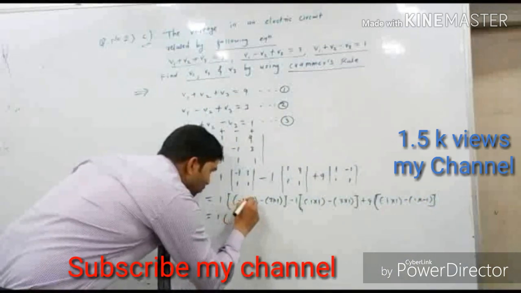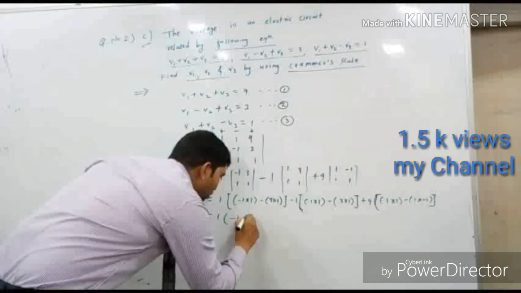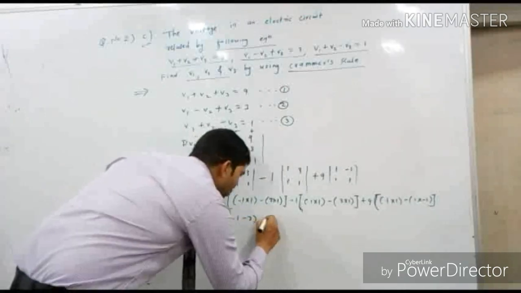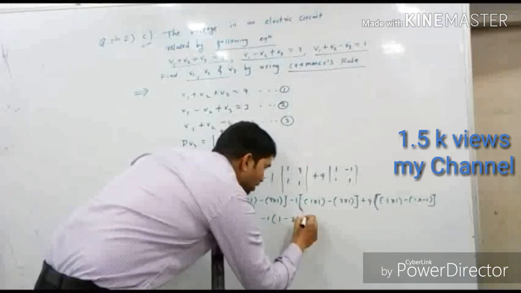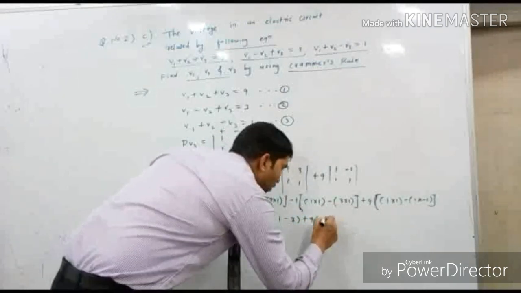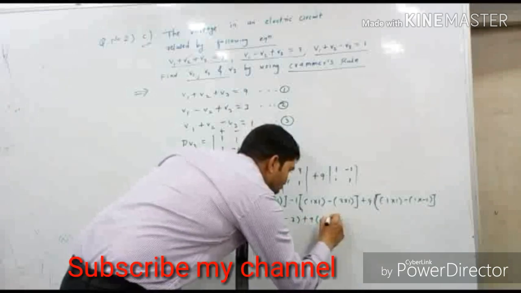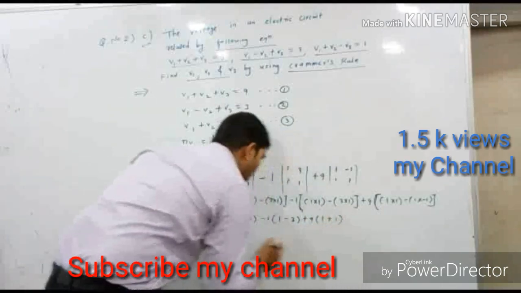So 1 as it is, minus 1 into 1 minus 1, minus 3 1s are 3, minus 1 as it is, 1 into 1 1, minus 3 1s are 3, plus 9 as it is, 1 into 1 1, minus plus 1 into 1 1.